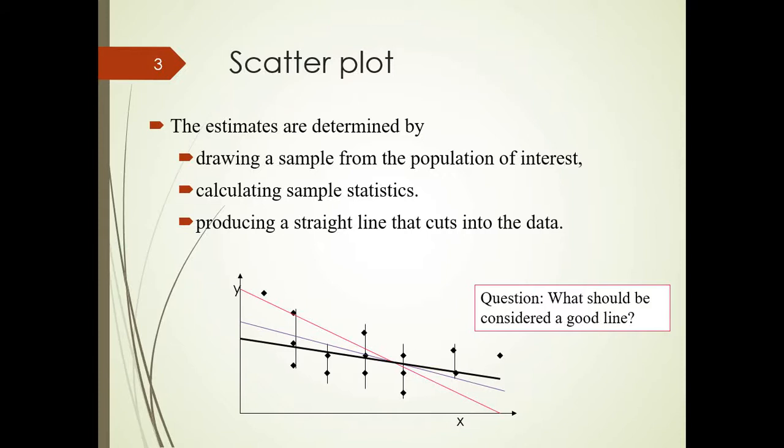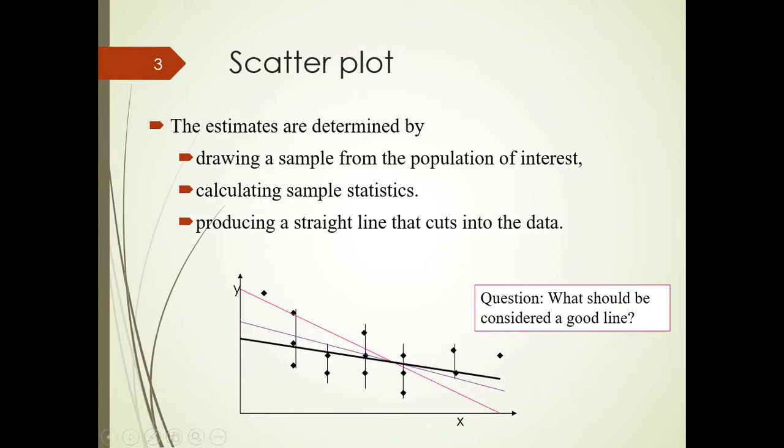In this diagram we have fitted three lines based on the scatter diagram, and if we wanted to predict the value at the point where x has a value here, then the red line predicts one value, whereas the blue line predicts another value and the black line predicts some other value.